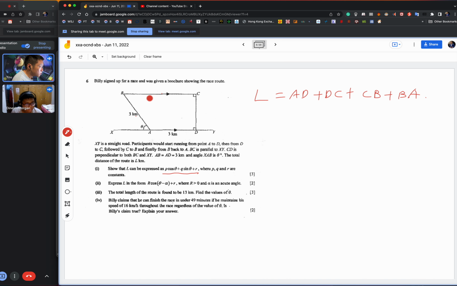So probably you can see it this way. This is 3 kilometers, right? And then this is theta. Yep, very good. Then you can get this one, and you also can get this one, sine and cosine.